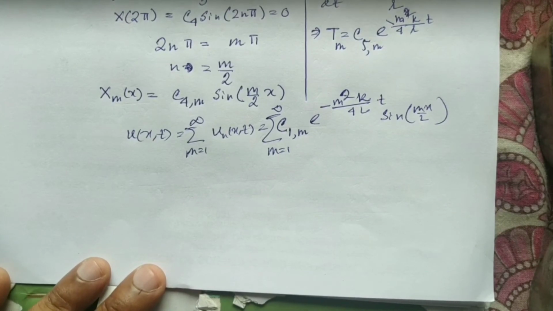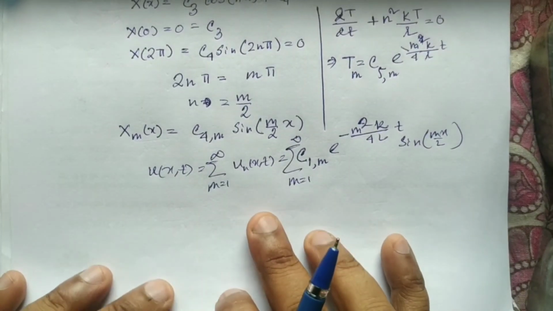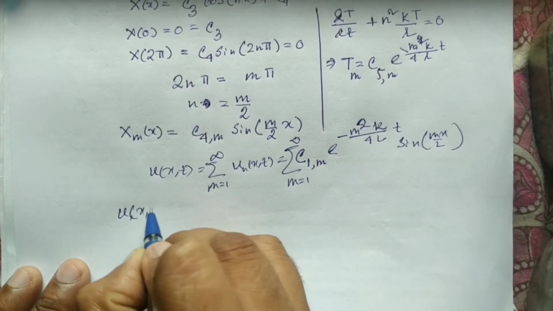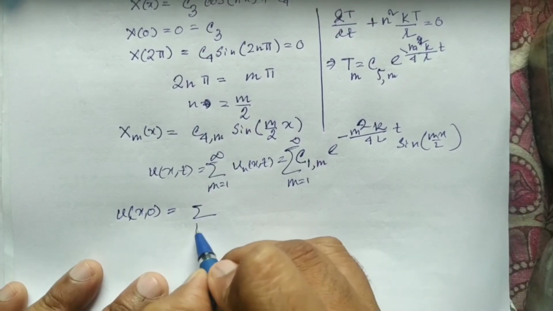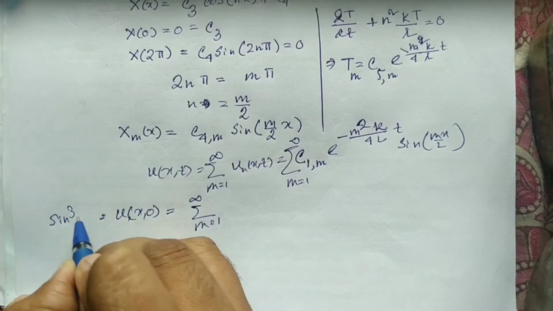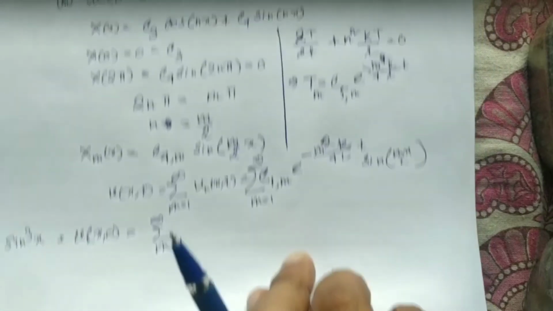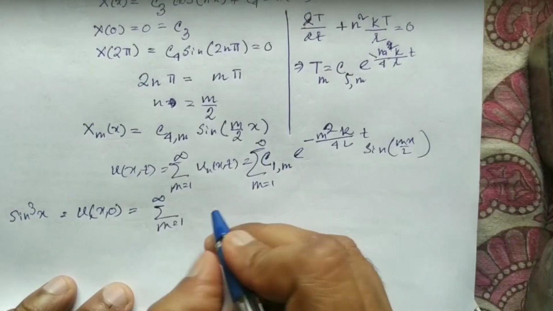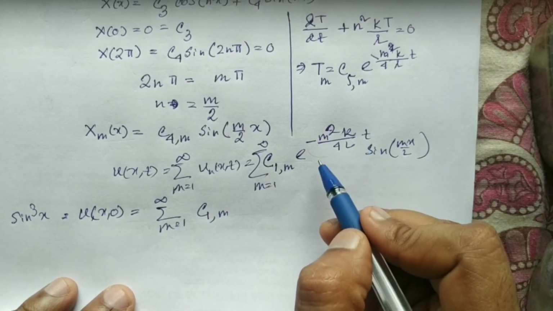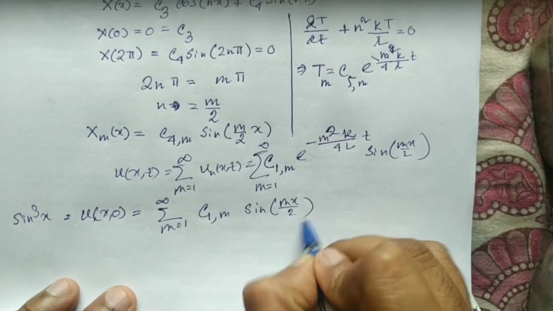Now, as far as we see, u(x,0) is equal to the sum over m equal to 1 to infinity, and we write it here like this is sin cube x as our problem was given. So this is c1m. Now this part will be 1 because t is equal to 0, so this is sin(mx by 2).